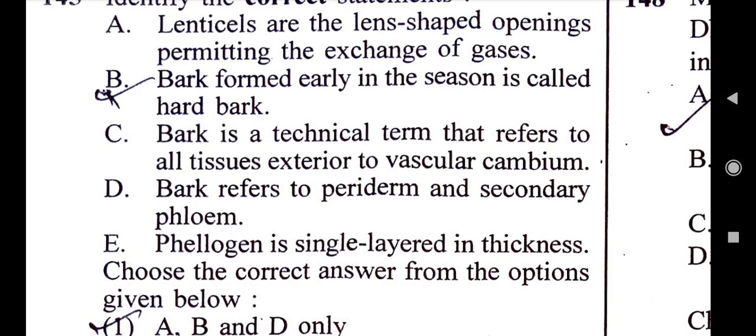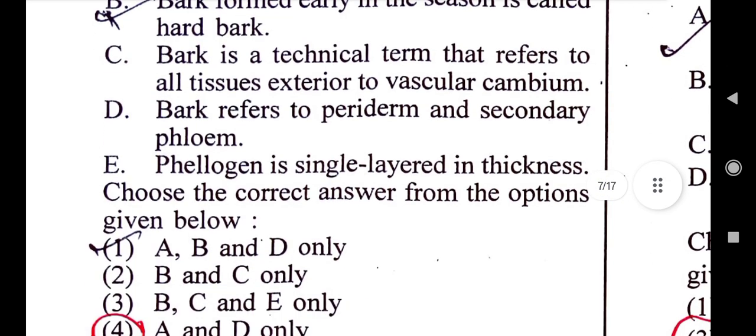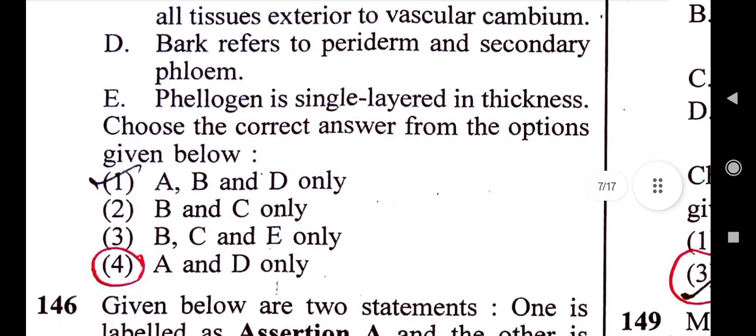D, bark refers to periderm and secondary phloem. E, phellogen is single layered in thickness. Choose the correct answer from the options given below. Option 1, A, B and D only. Option 2, B and C only. Option 3, B, C and E only. Option 4, A and D only. So option 4 is the correct option, A and D only.